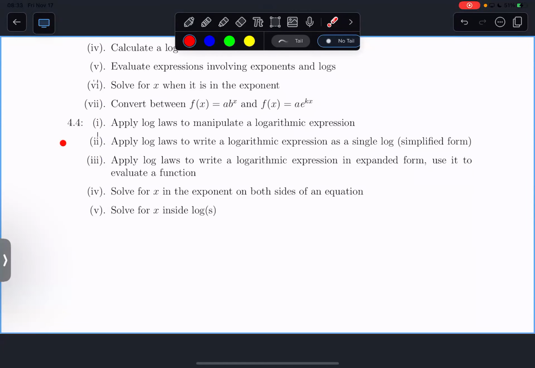Let's start from the most recent. Solve for x in the exponent. Solve for x inside the logs.